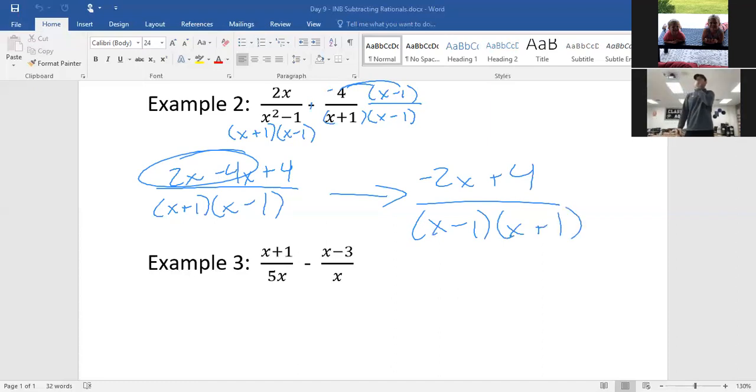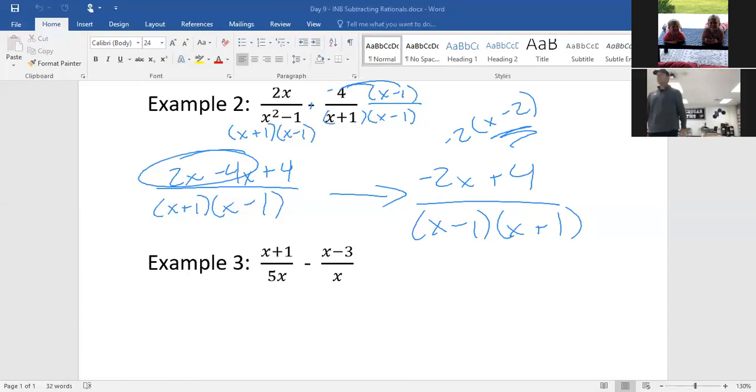Now, you could write the numerator like this if you factored out the negative 2. I'm not as worried about that just because I know x minus 2 is not going to cancel something out. If this x minus 2 showed up in the top and the bottom somewhere, then we would have to simplify further by canceling that out, like we did when we were multiplying and dividing.